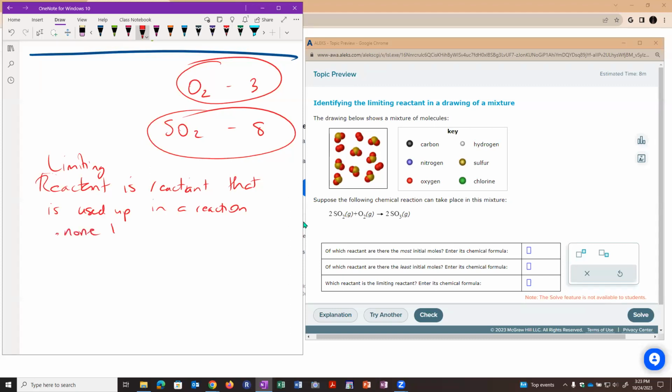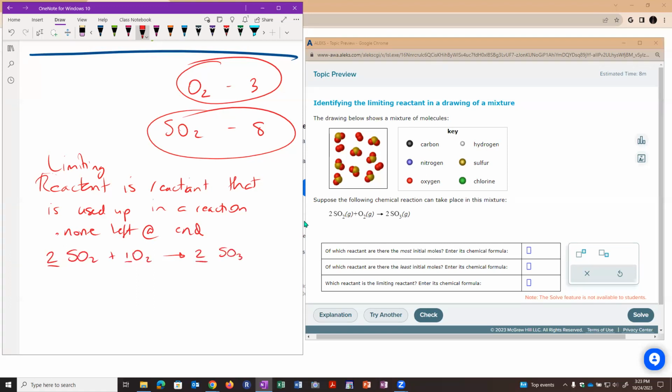There's none left at the end. So if we take a look at our equation and the number of each of the reactants that we're starting with, the balanced chemical equation says that 2 SO2 reacts with 1 O2. I'm going to put the 1 in here to produce 2 SO3s.